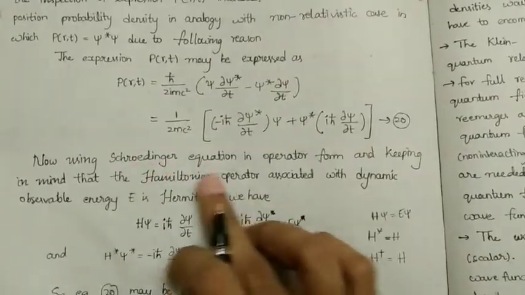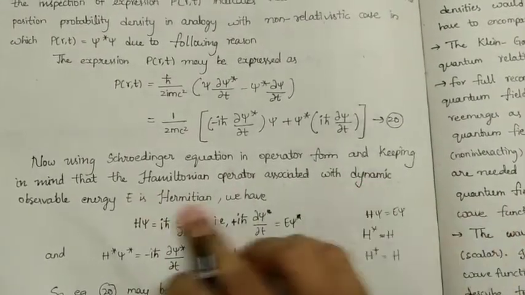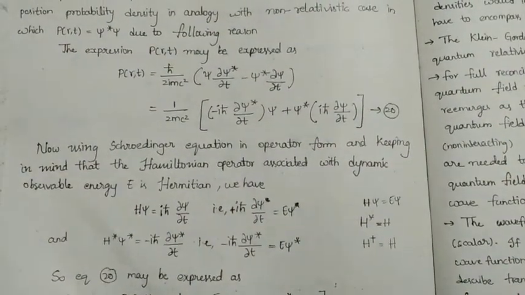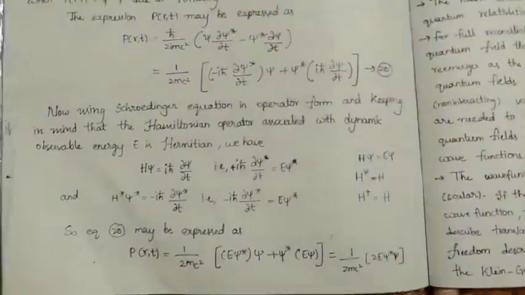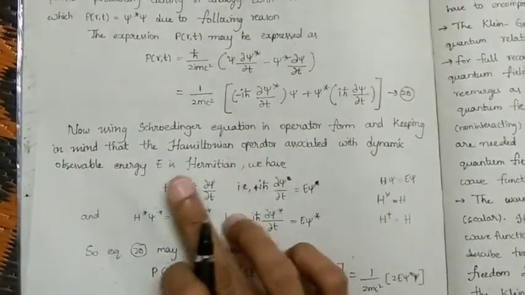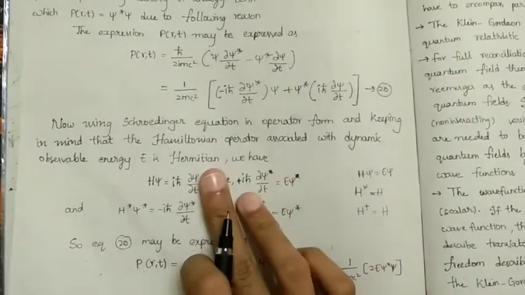Now using the Schrödinger equation in operator form, and keeping in mind that the Hamiltonian operator associated with the dynamical observable energy is Hermitian, we have the following.